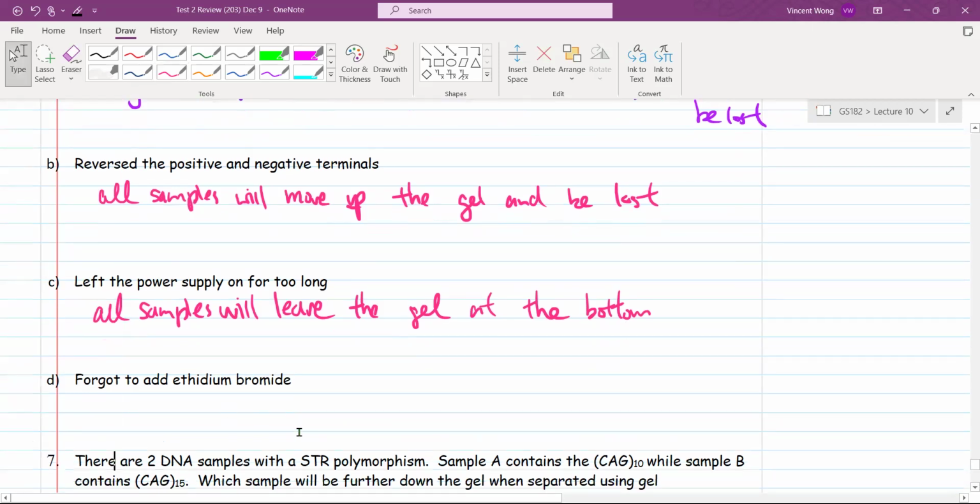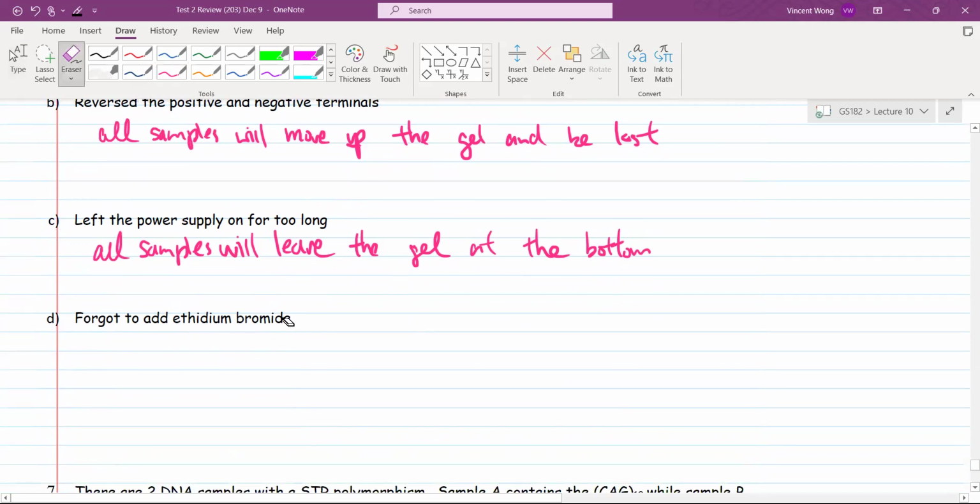Forgot to add ethidium bromide. Ethidium bromide allows you to see the DNA bands when exposed to UV. So if you forget to add it, you cannot see the DNA sample.